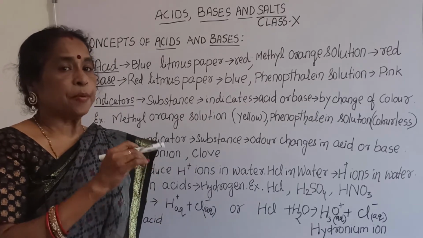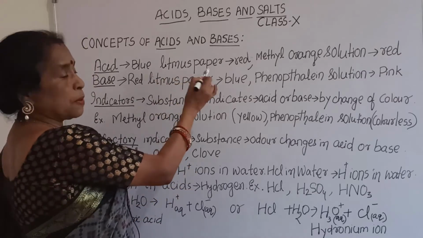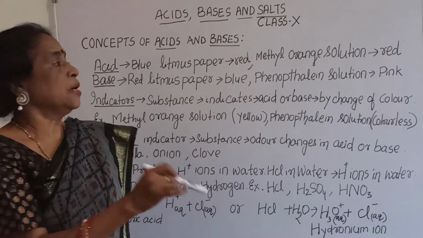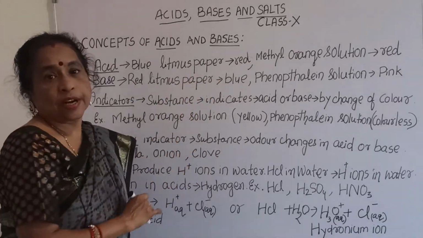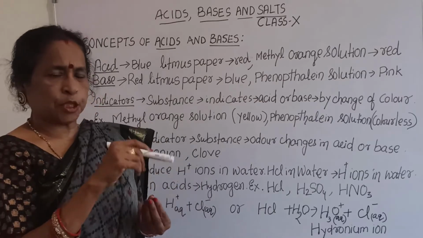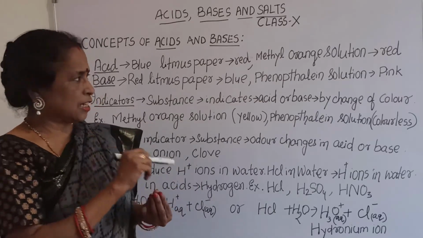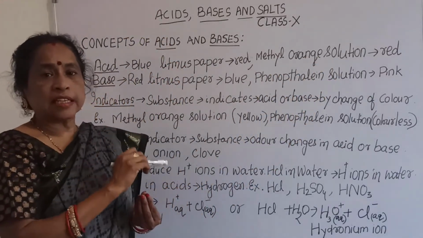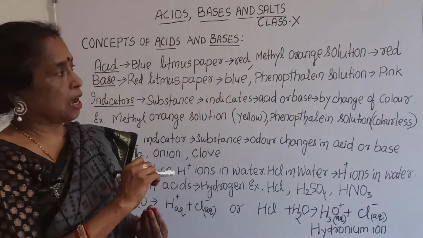That means if you take blue litmus paper and add it to the acid in a test tube, the color changes to red. Similarly, again take 1 or 2 ml of acid in a test tube and add methyl orange solution that is available in our lab.